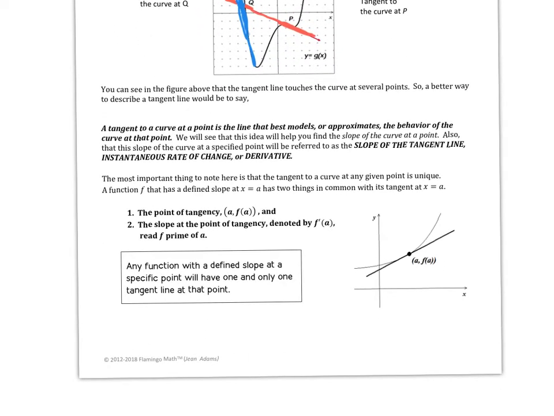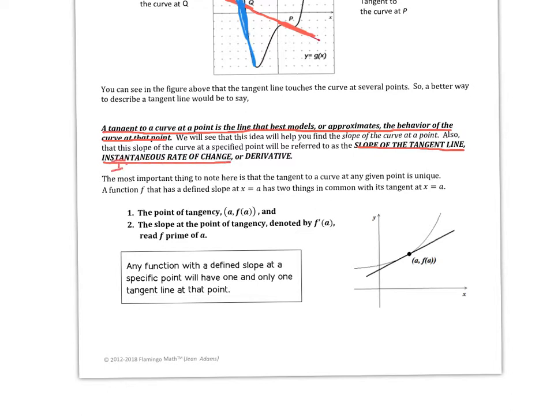Okay, this is really important. A tangent to a curve, hence the reason that it's in bold, a tangent to a curve at a point is the line that best models or approximates the behavior of the curve at that point. So this will be referred to as the slope of the tangent line, the instantaneous rate of change.